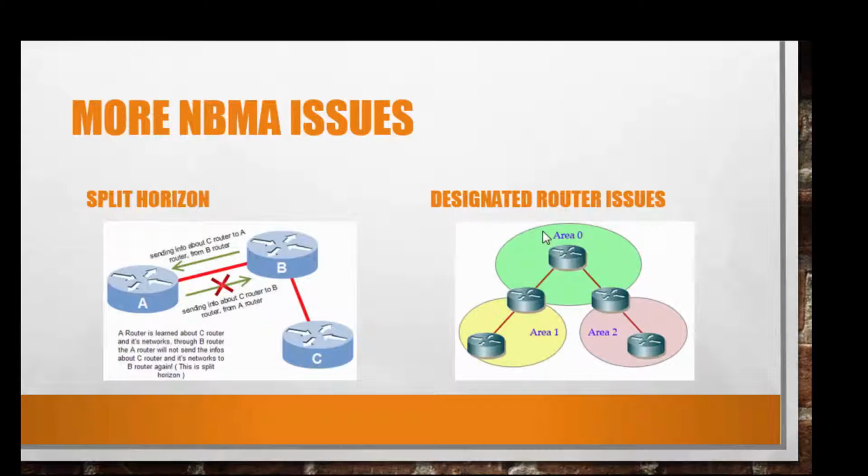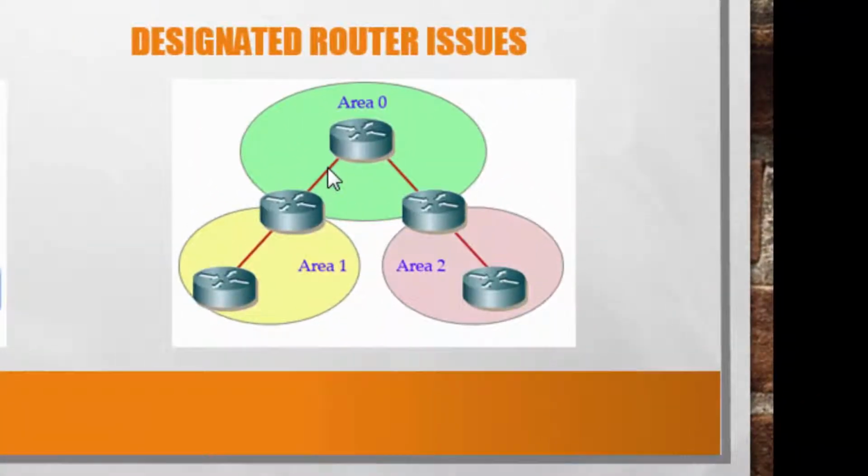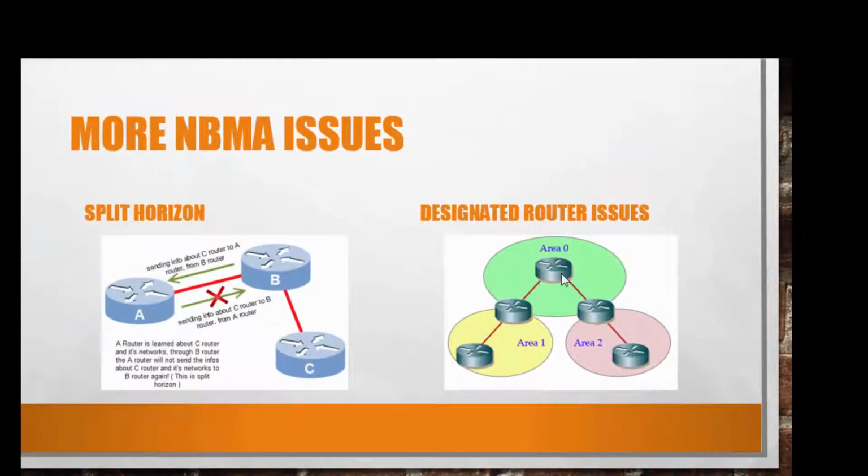Remember that we have a backbone over here that is going to be area 0 and it's connecting through the other networks over here. In this scenario, what I would suggest is that you set the priority to 0 on this router over here and this router over here. So you're going to start doing some configuration with the designated router, specifically in an OSPF architecture that you have over here.